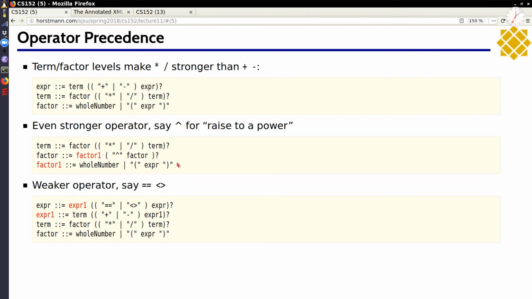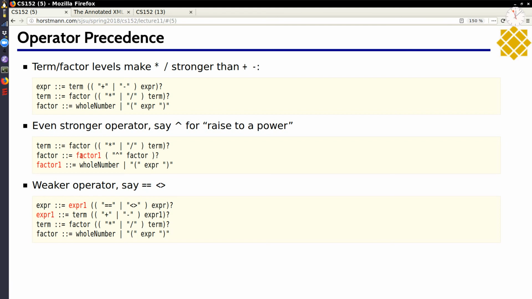And I can never think of any good way of naming these things, so I name one of them randomly factor 1 or some such thing. And so you can see here, then I said, okay, I have a factor, and then I just call this one a factor 1. Yeah, maybe I should have called it a power or an exponent or something, but I was just lazy and did it like that.